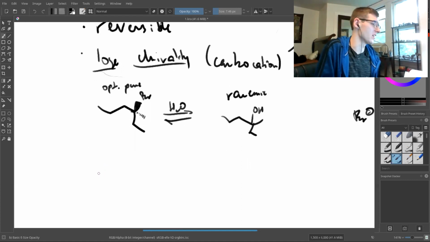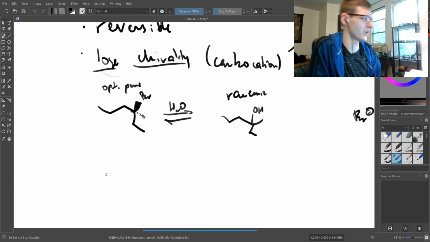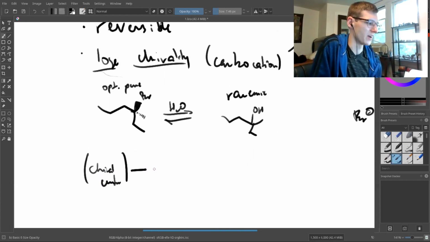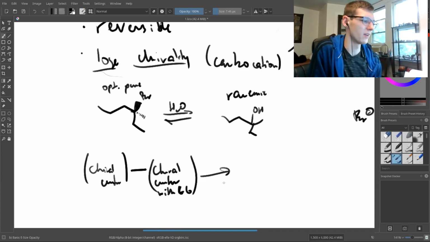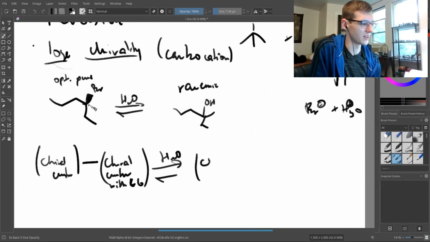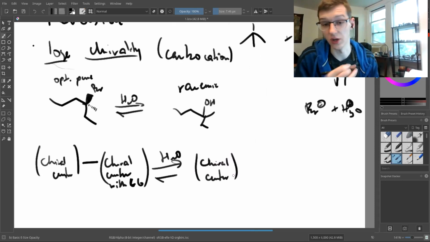From there, it's also worth saying, I won't draw it too much in depth, but if we have a molecule with a chiral center, and then it's connected to another chiral center with a leaving group, well, this chiral center is going to stay as is because you didn't do anything with it.